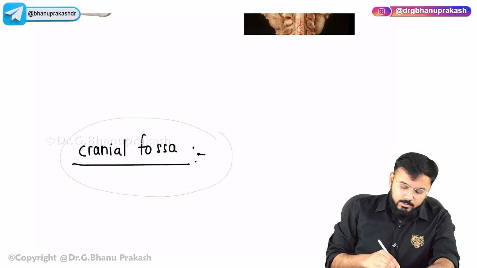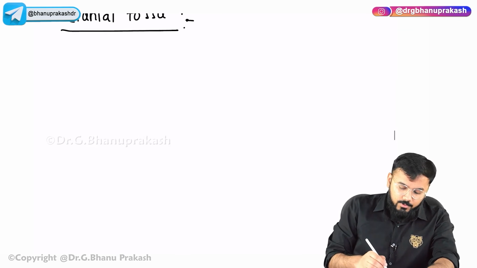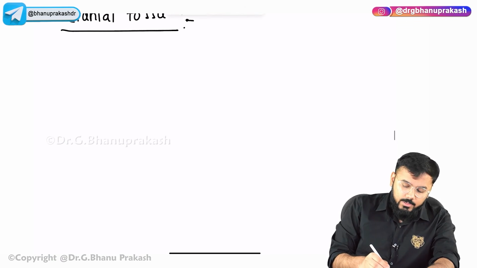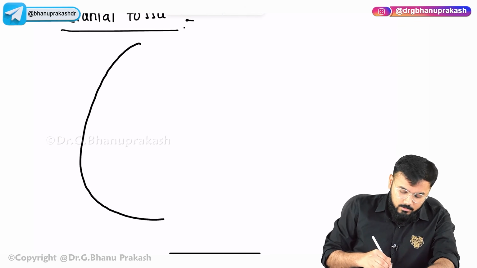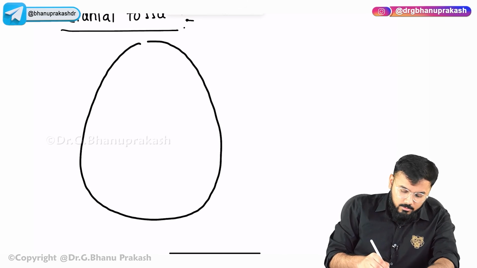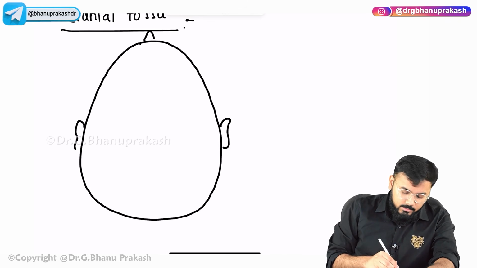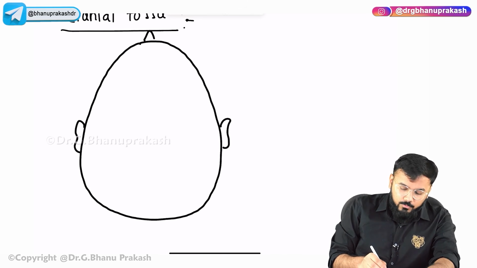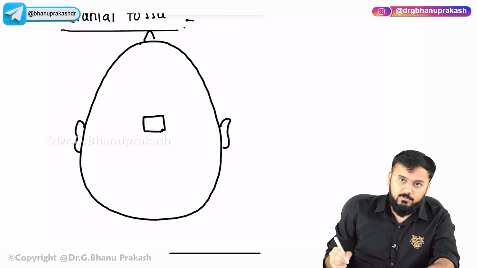Let me draw this part. If you look at the skull over here, this is the nose and these are the ears. Now all of you should know one very important thing, that here you have got the sella turcica of the sphenoid bone.